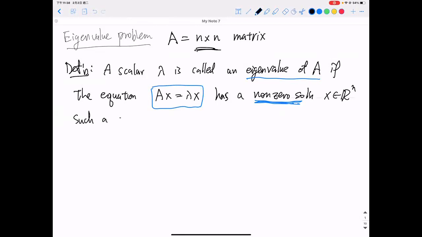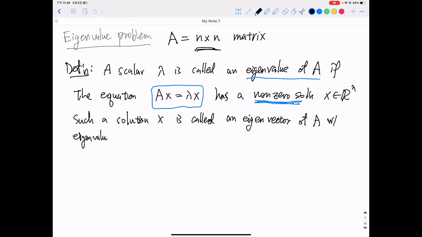Such a solution X is called an eigenvector of A with eigenvalue lambda.